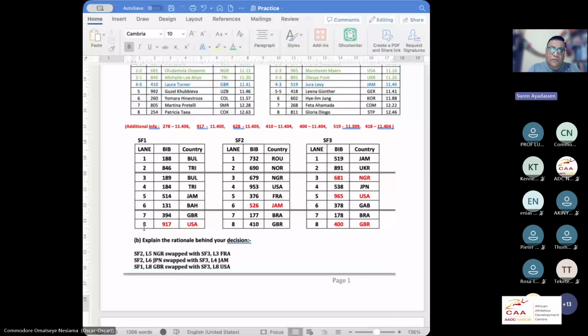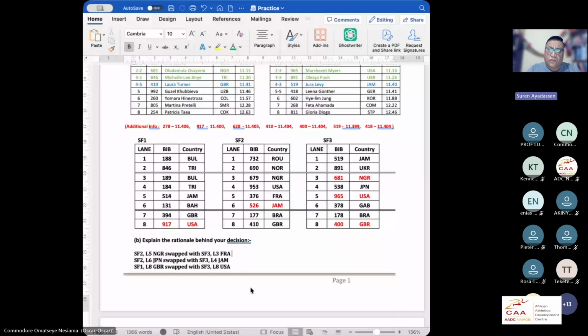So you have another draw which will be made 3, 4, 5, 6, another draw 2 and 7, another draw 1 and 8, and then you do the swapping. You can do the swapping between the athletes of the same categories of performances, if it's possible. If it's not possible, it's not possible.